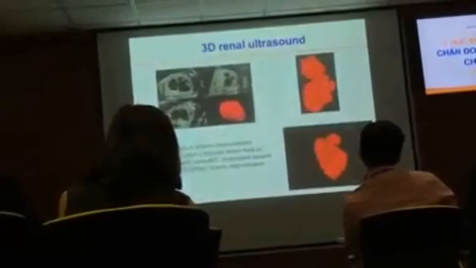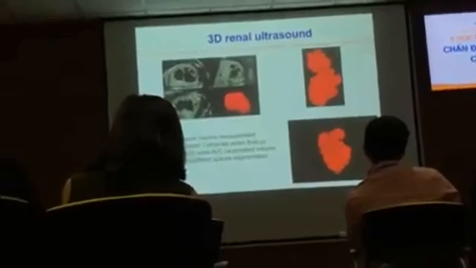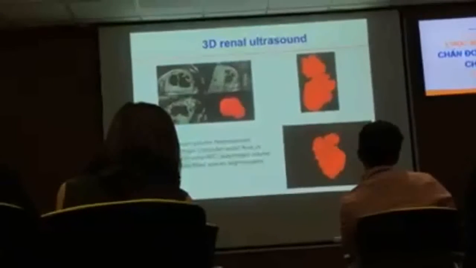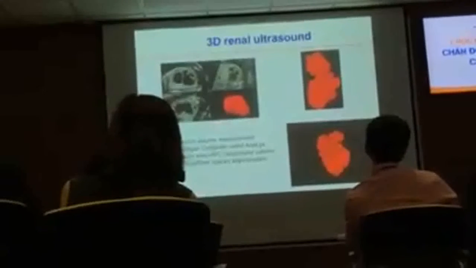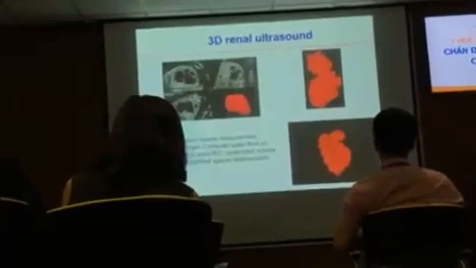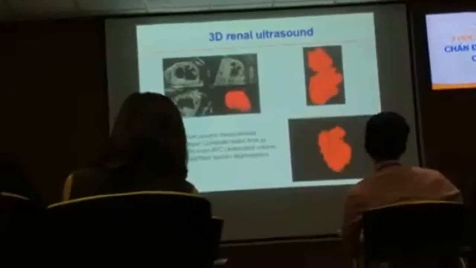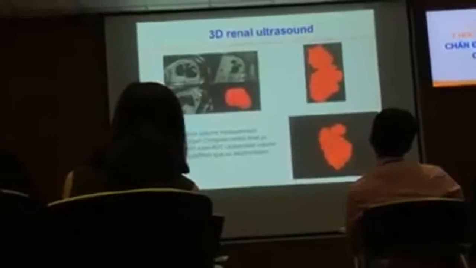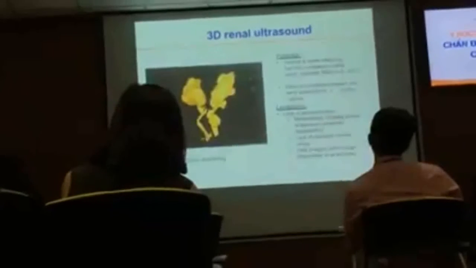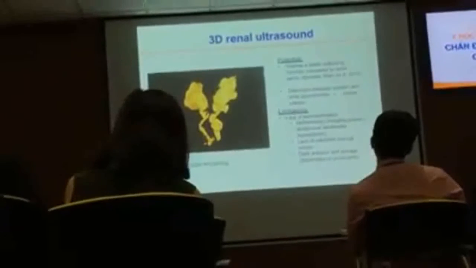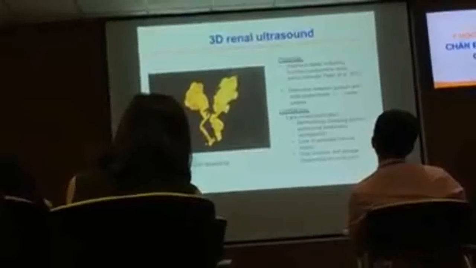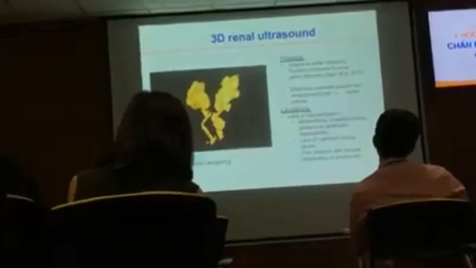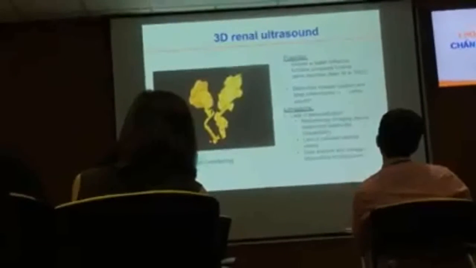This is 3D ultrasound, but I believe everyone can do this. It is not very difficult. Then you can see different angles of the hydronephrosis, and you get the volume of the different grades of hydronephrosis. This is also 3D ultrasound, using volume data to see the whole urinary tract morphology.